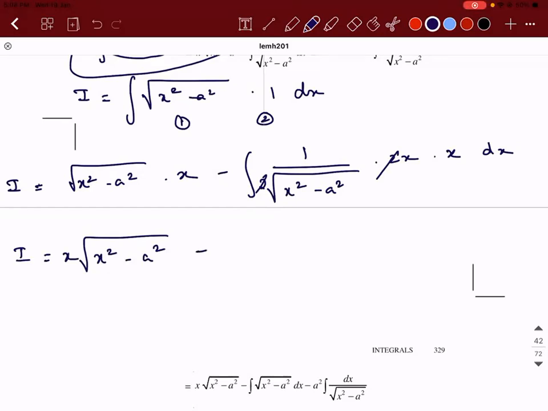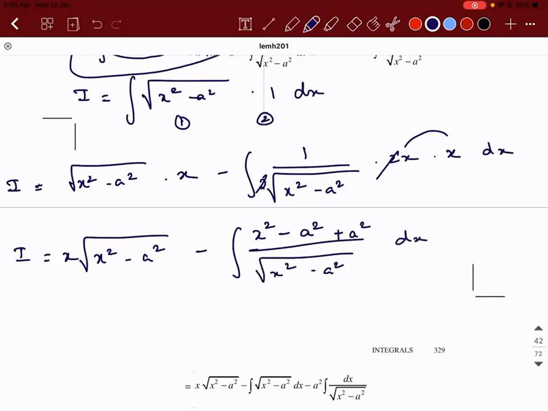minus integral of x square. I'll add and subtract a square, divided by root of x square minus a square dx, because that is the logic when the numerator and the denominator have the same power terms.